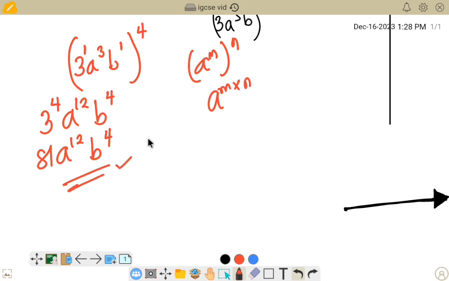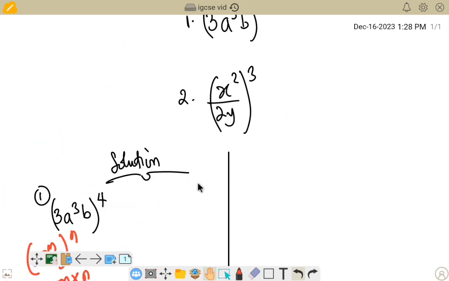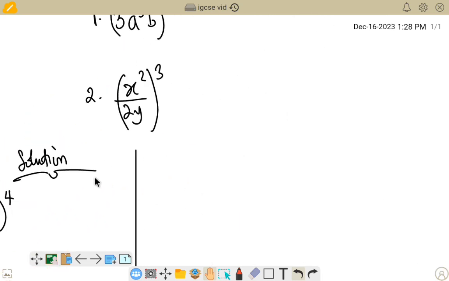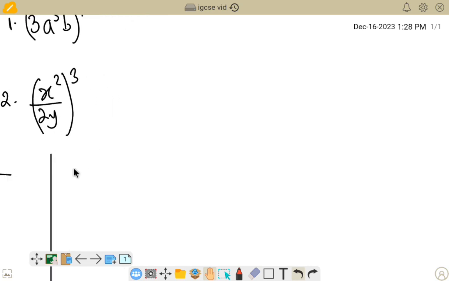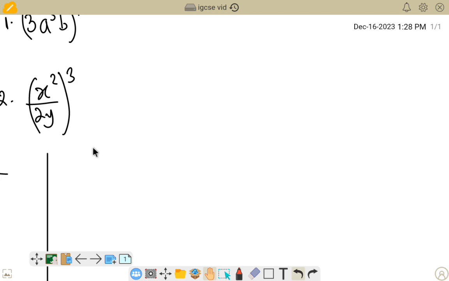Okay, so that's that. Now for the other part, you have this guy here. You have x squared over 2y, all to the power 3.